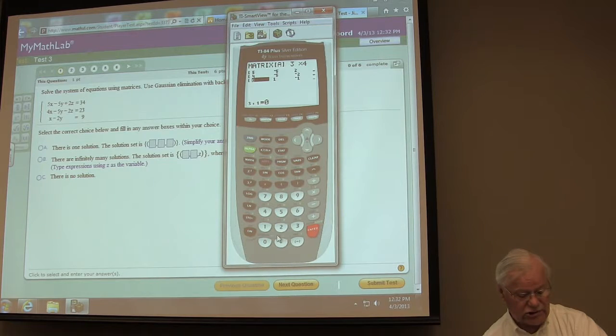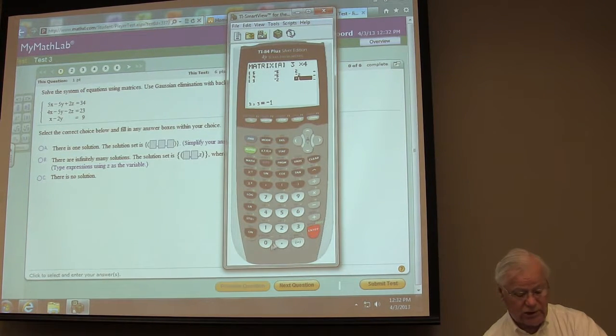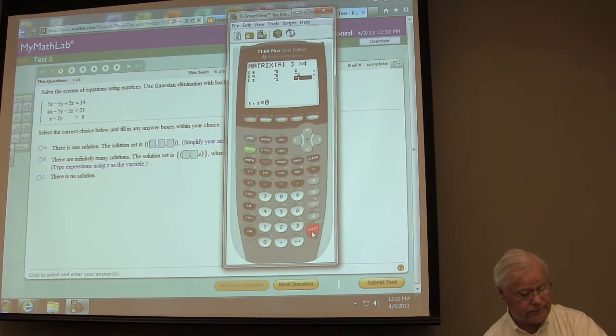And the last equation, that's 1x, negative 2 for the y, 0, we must put the placeholder in because there are no z's, and a 9.